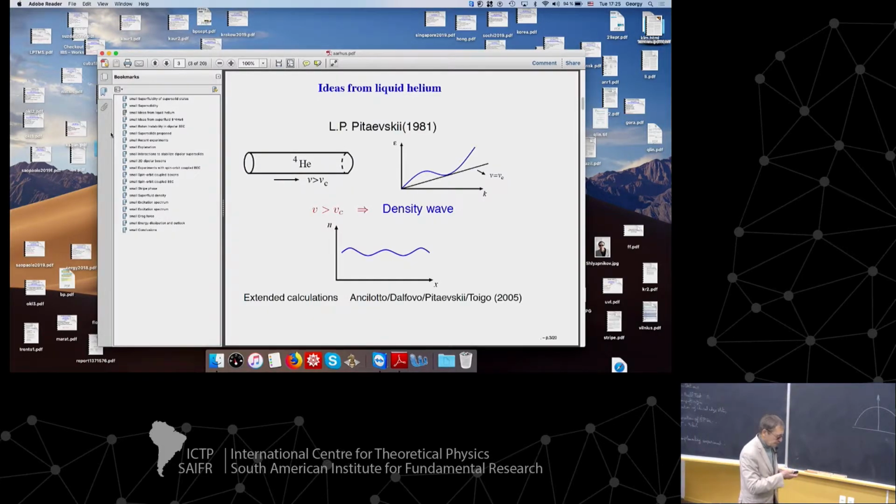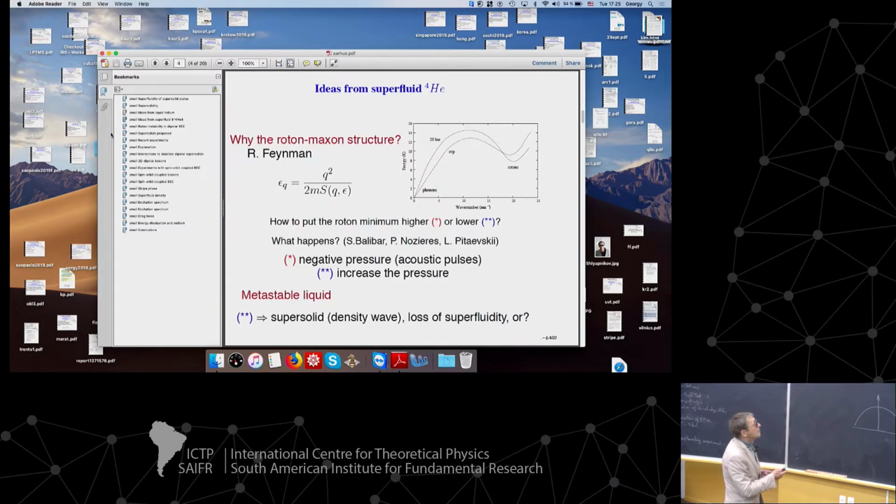That's what it was. Then, what people have discussed in the literature is what happens if in liquid helium I just apply pressure, what happens with the roton minimum and so on, can it be put lower, higher? Then there was the idea of Feynman, why the roton minimum appears in liquid helium.